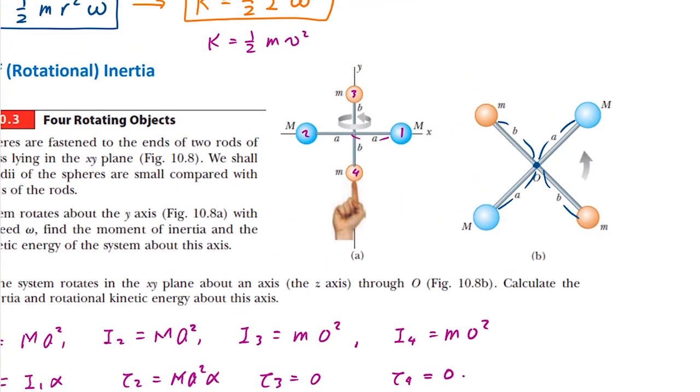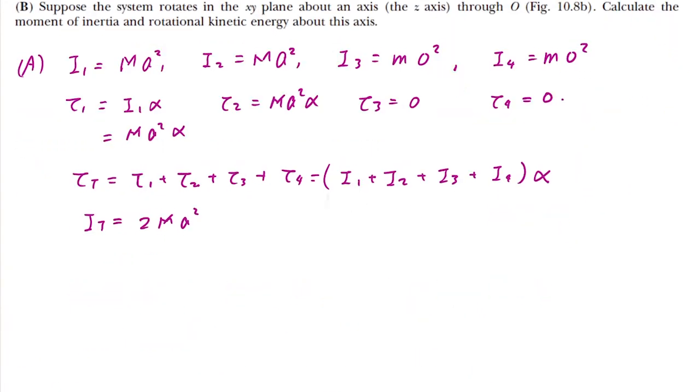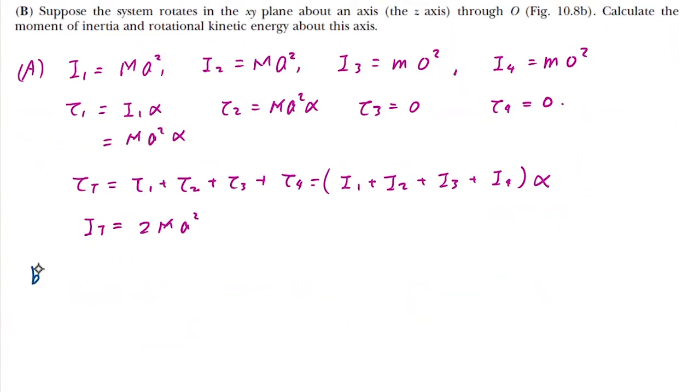So we'll just call this thing 1, 2, 3, 4, as we did before. So part B: I1 is equal to MA squared like before, and that is also equal to I2.